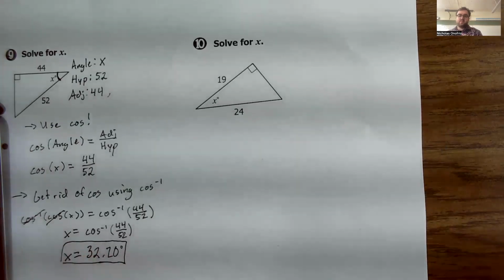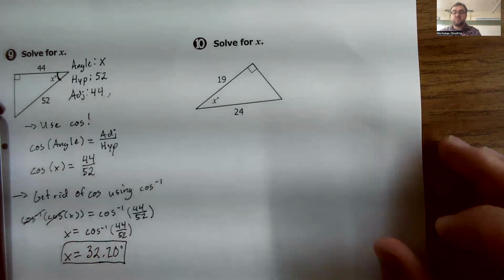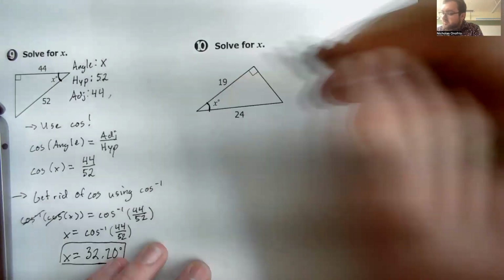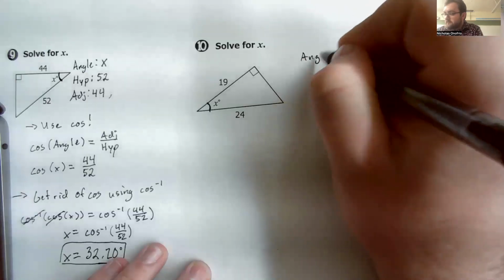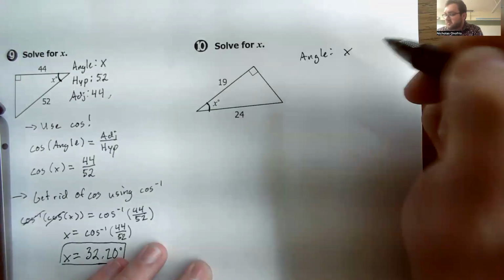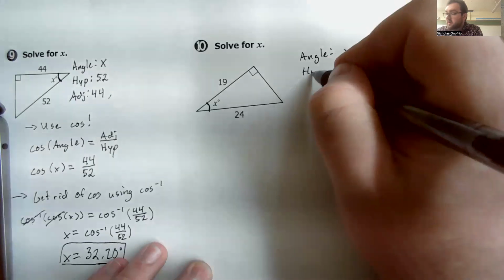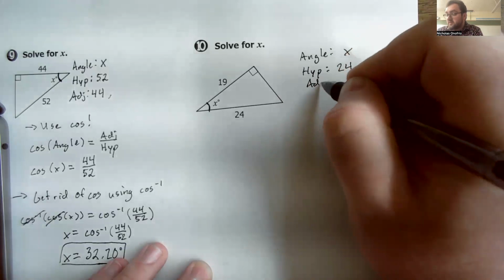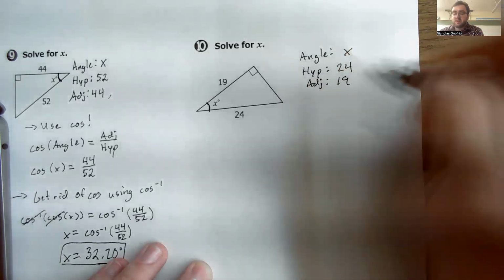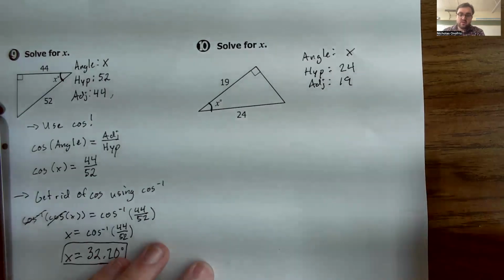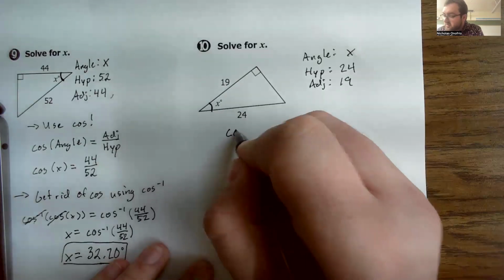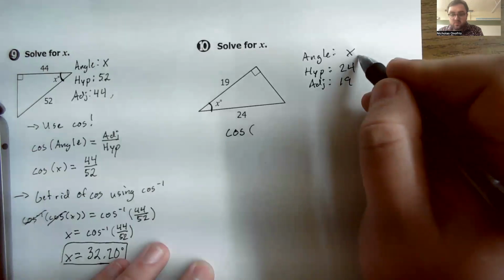Let's look at our next example for today. We've got two more after this. Given X and our two sides. Our angle is X. Again, we're given the hypotenuse, which is 24, and the adjacent side of 19. Same setup as our last one, so we can use cosine.